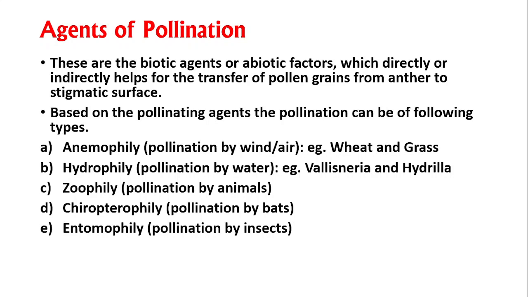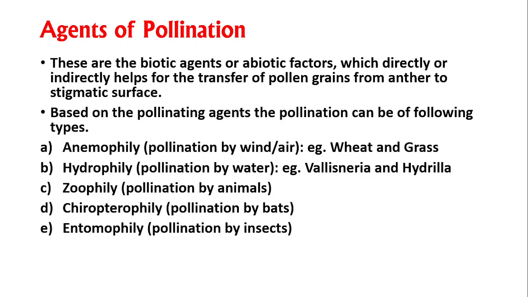Why? Because brightly colored flowers are present only in plants where pollination takes place with the help of insects, or biotic factors. But in anemophily, pollination takes place with the help of air, an abiotic factor. That is why the flowers will not be brightly colored.